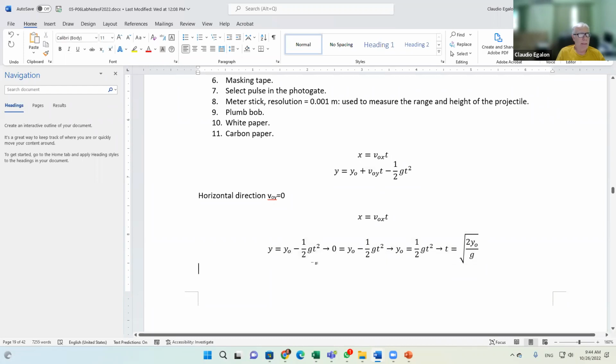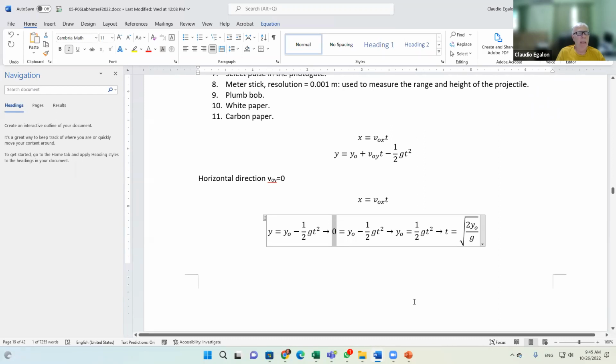The initial position of the projectile is y0, which is the initial height. We want to know how long it takes for the projectile to reach the floor. That's why I'm doing that. How long it takes is t for y equal to 0, so I made y equal to 0. The time of impact on the floor is given by this square root right here.